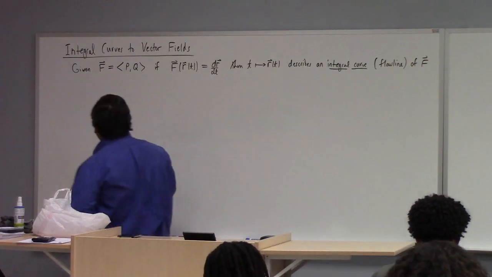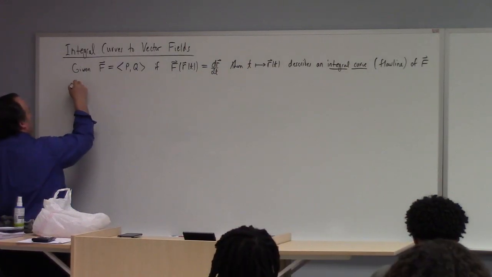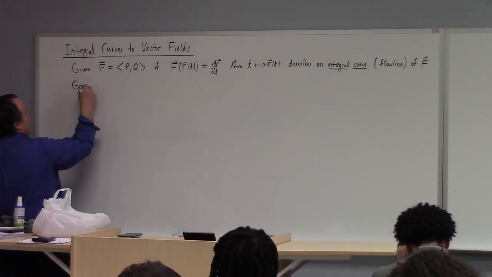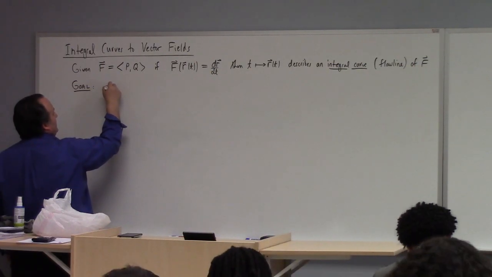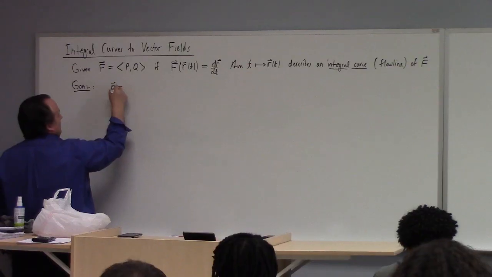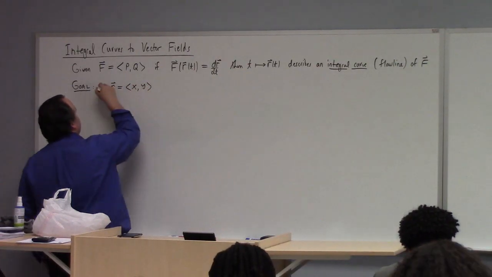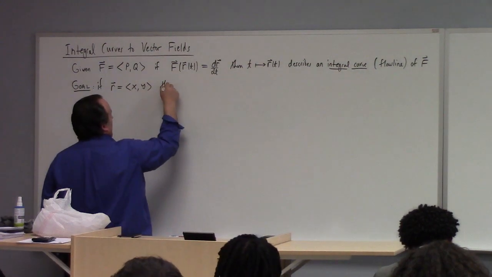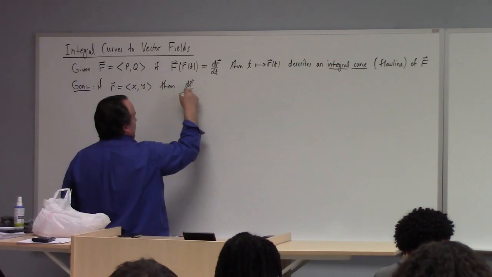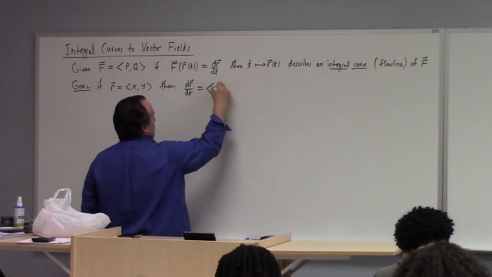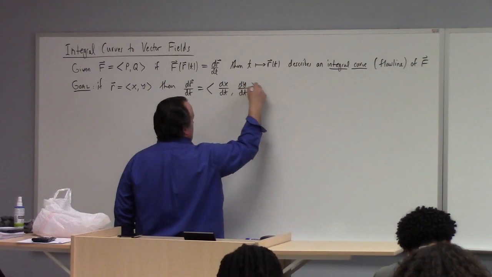So what are we trying to do? Our mission, should we choose to accept it, is to solve, if we have r equal to (x, y), then dr/dt, of course, is (dx/dt, dy/dt).